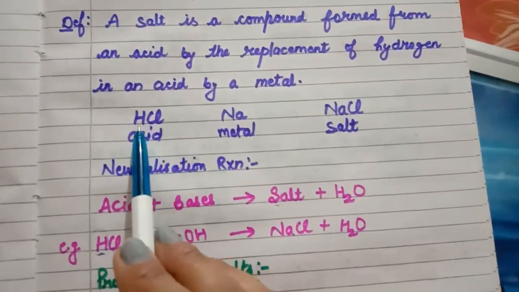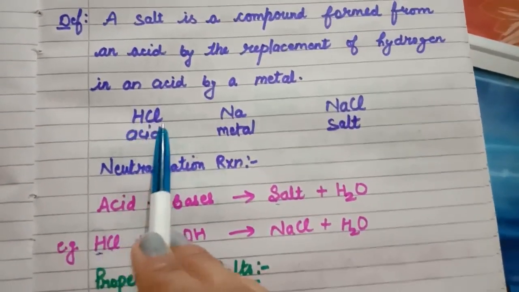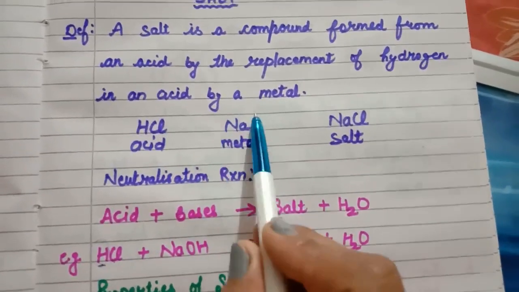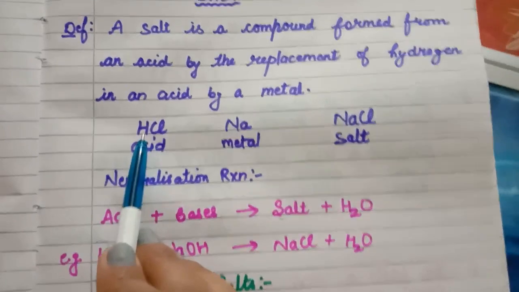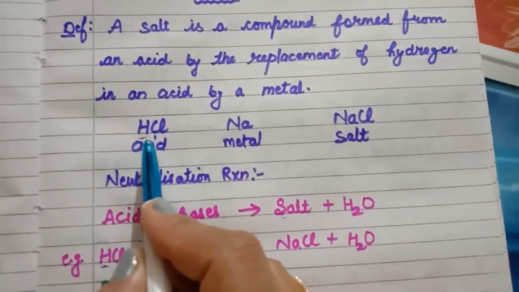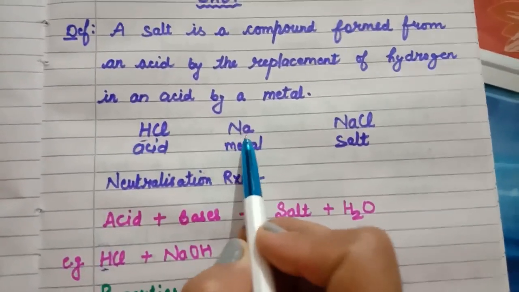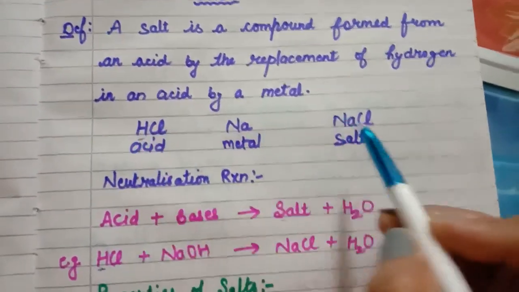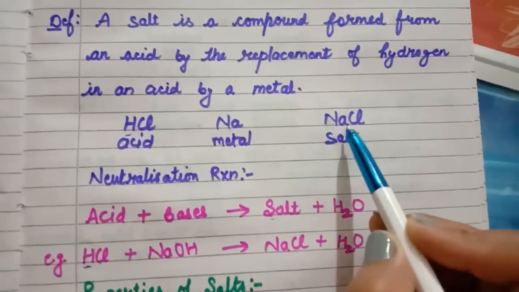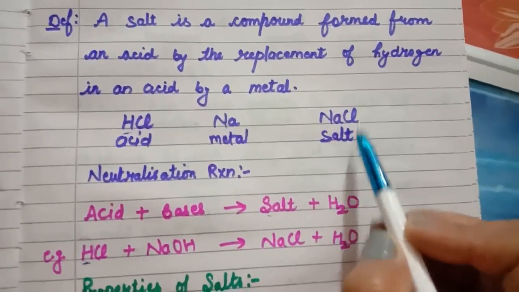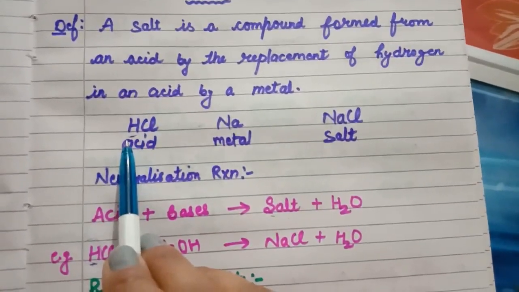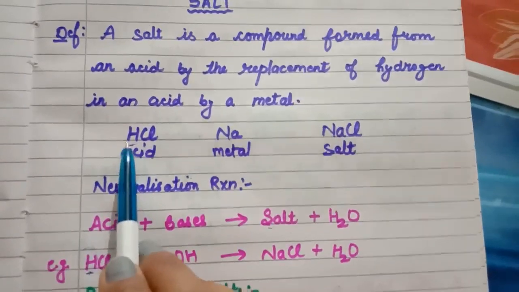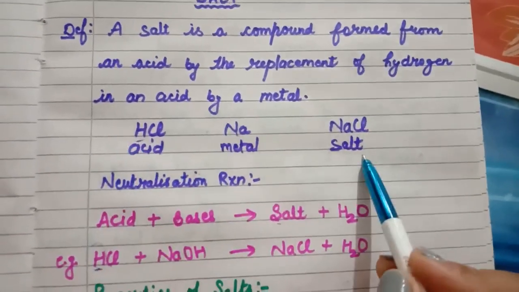That means if we have an acid HCl and a sodium metal, and the sodium replaces this hydrogen, we put Na in the place of H, so it will form NaCl. That is a salt. So if a metal is placed at a hydrogen atom in an acid, then it forms a salt.